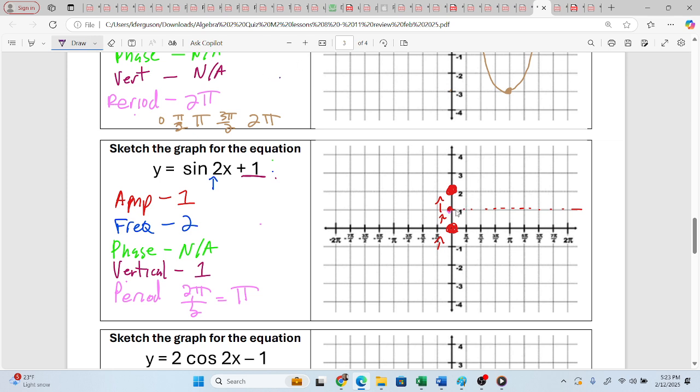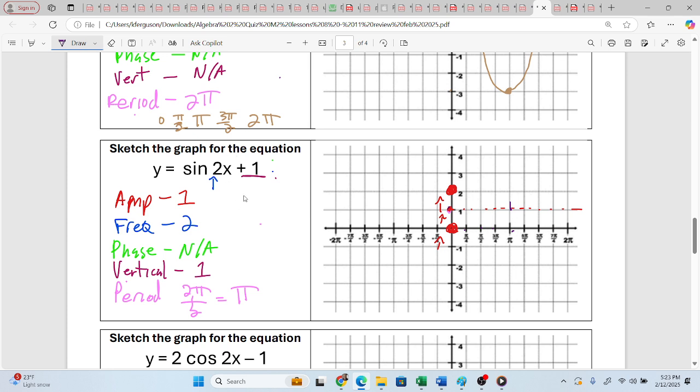Now the next thing is I need to fit one solid graph in pi. So if I look between 0 and pi, which is right here, there's 1, 2, 3, 4, 5 marks. Well, haven't I been saying that the regular graph has 5 marks starting with 0? So then I'm not even going to focus on what they are. I'm just going to know that all the steps that I need to make pi, they're going to hit each one of these marks.